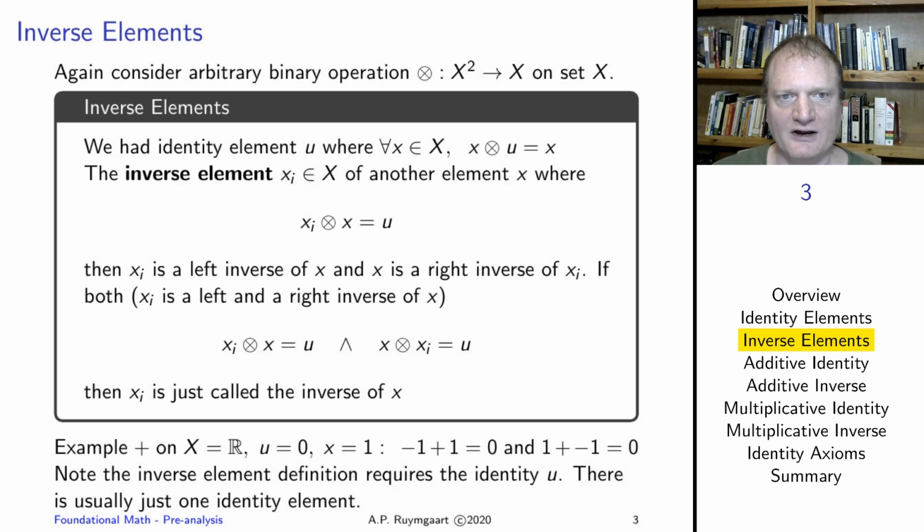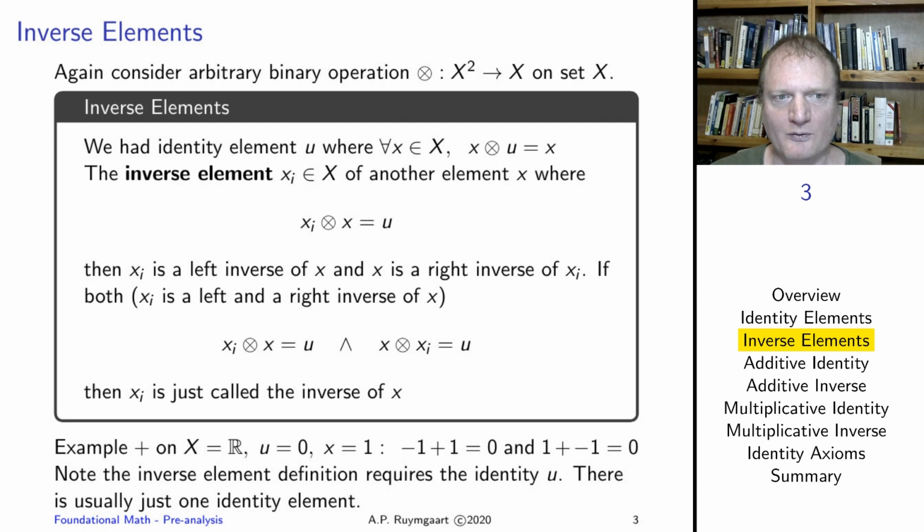In fact, xi ⊗ x equals u implies that xi is a left inverse of the element x, and if x ⊗ xi equals u, xi is a right inverse of the element x.